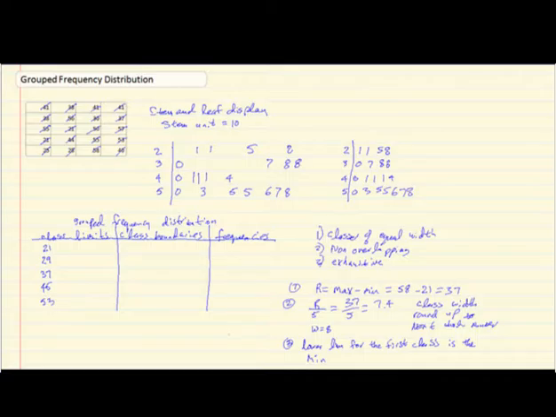The next thing that we're going to do is subtract 1 from each lower limit to find the previous upper limit.